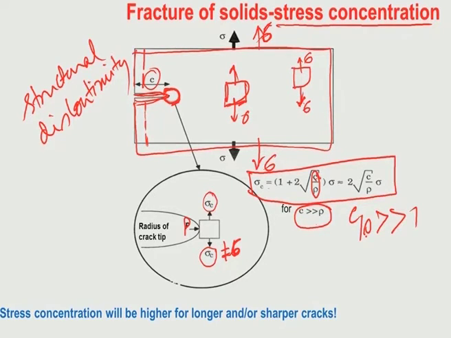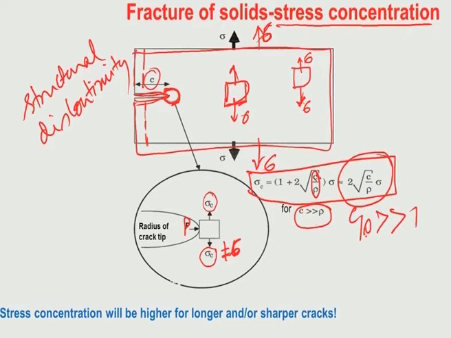And if that is the case, sigma c can be approximated as 2 into square root of c by rho into sigma. So, what you see immediately is that stress concentration at the crack tip scales with the square root of the crack size. Okay. So, the larger the crack length, the more the stress concentration at the crack tip.